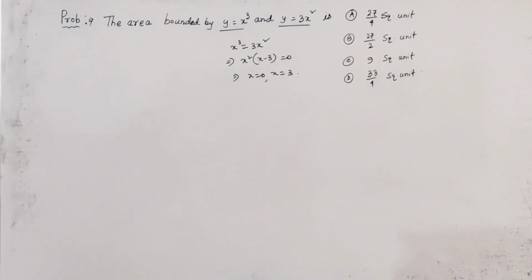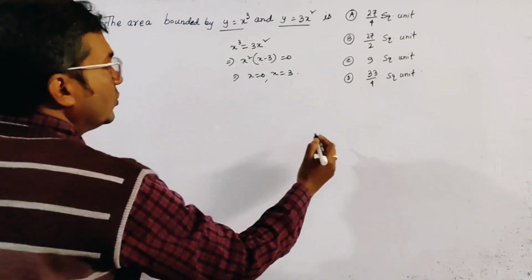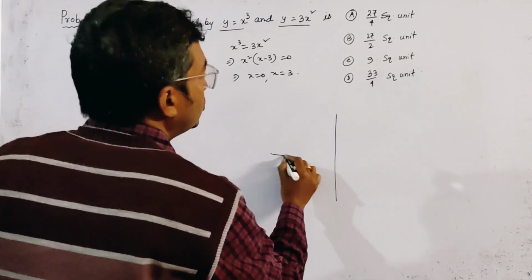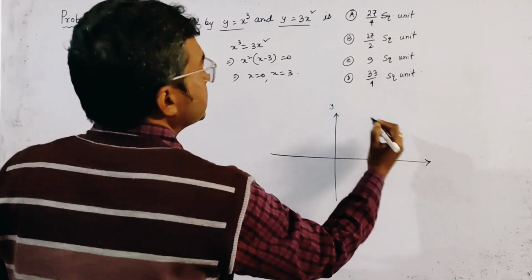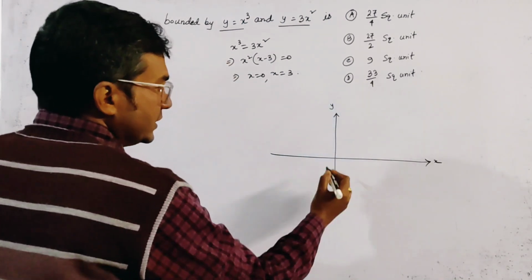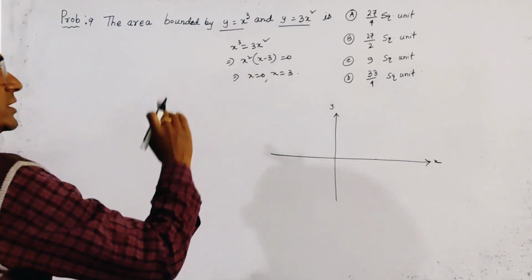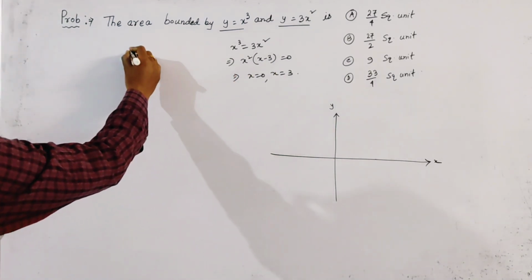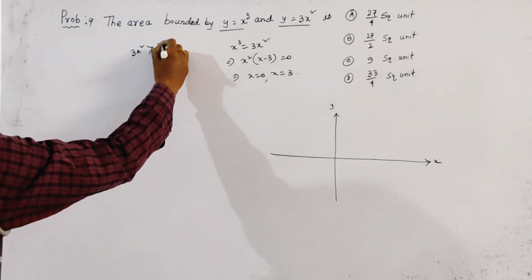Now, in between 0 and 3, if we draw two axes, this is the y axis, this is the x axis, this is 0, this is 3. In between 0 and 3, it is clear that 3x square is always greater than x cube.